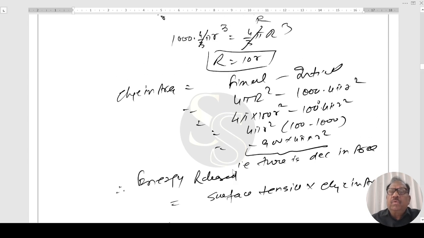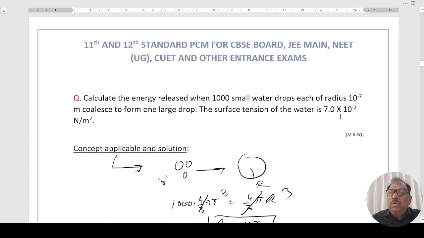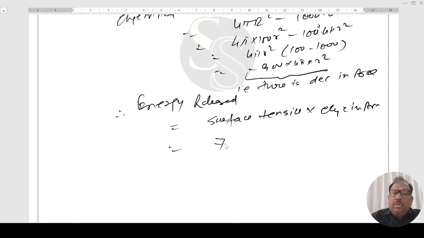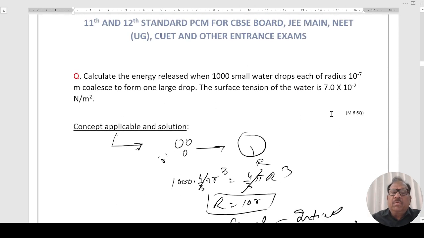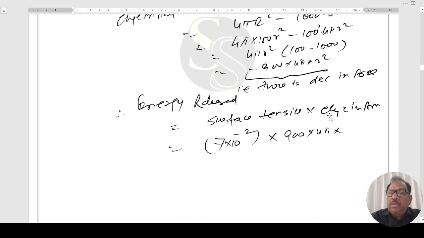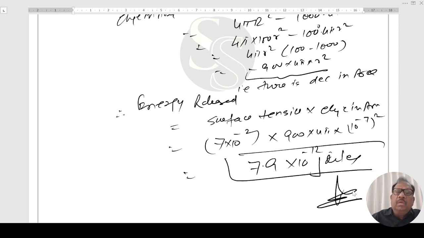Surface tension is given: 7 into 10 to the minus 2, into 900 into 4 pi into r square, where r is 10 to the minus 7 meter, whole square. Simplifying, this comes out to be 7.9 into 10 to the minus 12 joules. This is the answer.